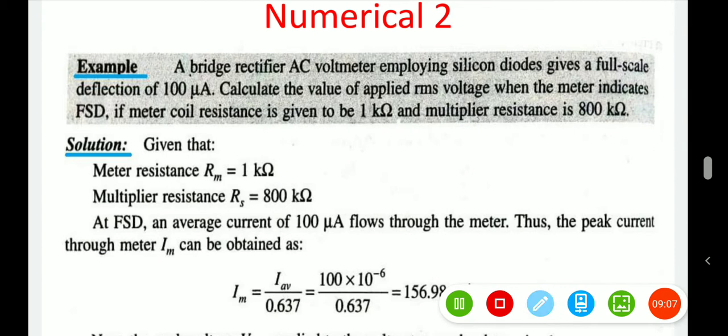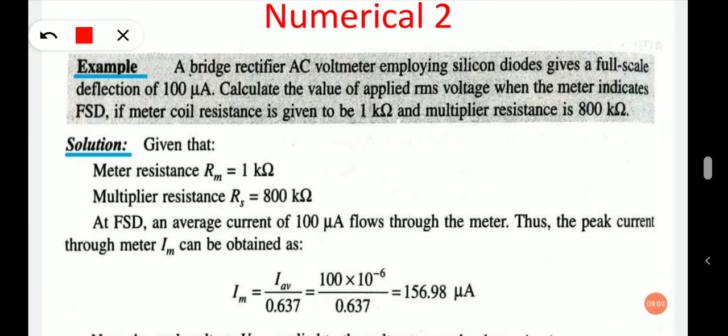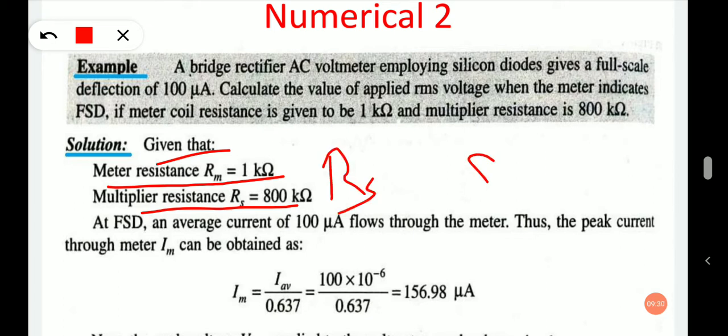So here first, what are the given values? Meter resistance is given, that is 1 kilo ohm. Next is multiplier resistance, that is Rs, given as 800 kilo ohm.